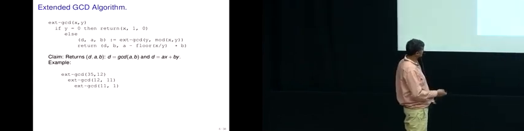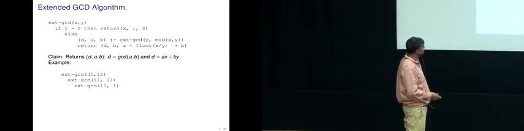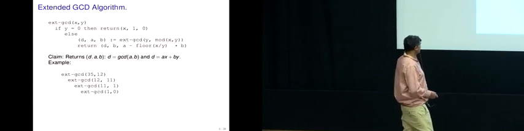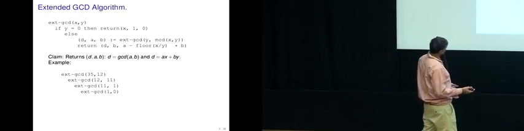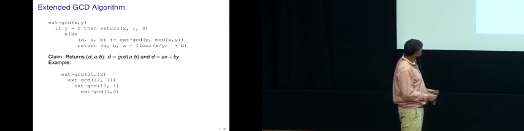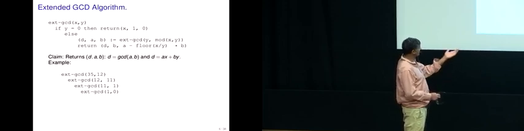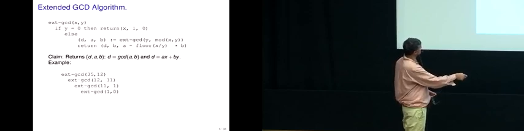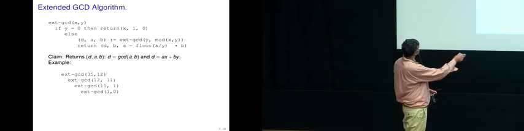That's what we do on the way down. It's the same as before. Eventually, 11 mod 1 is 0. Everything mod 1 is 0. So you get a 0 there and 1. I'm just taking the mod for the second argument and copying the first argument over.